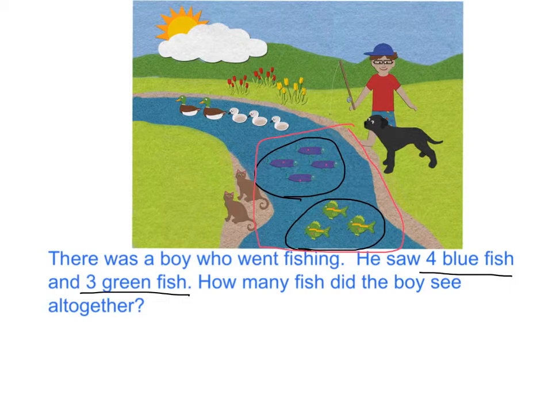So we would talk about 4 because we see 4 blue fish, and the question asked about that. What is the operation? Well, this is addition, and we know that because it tells us all together. And now, our second partner or addend is the 3 green fish.